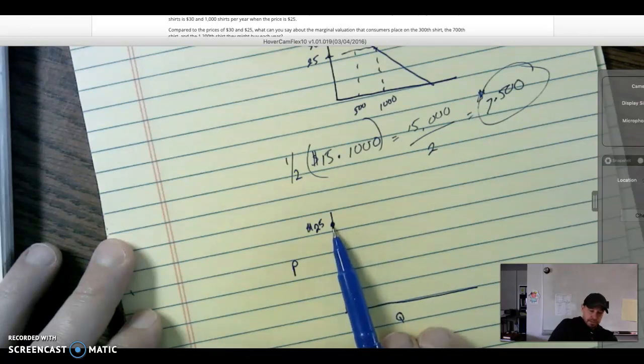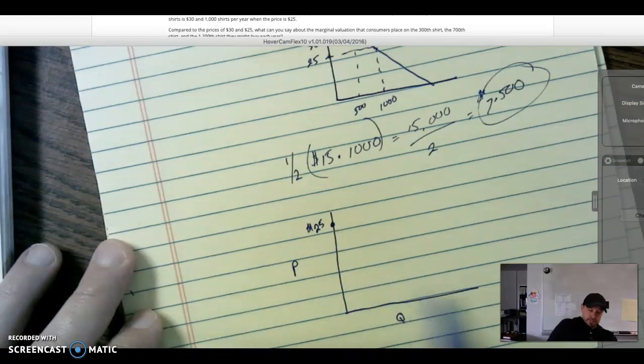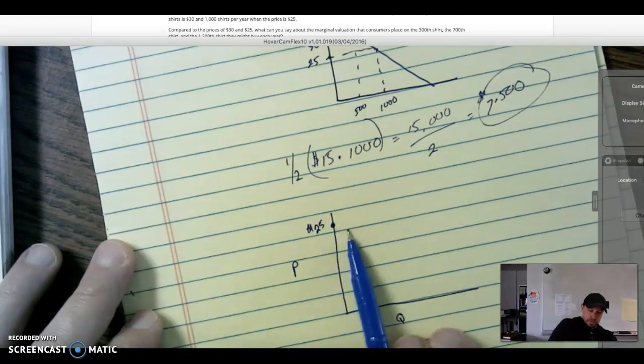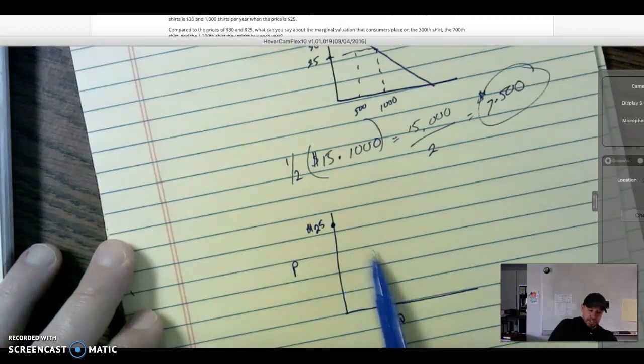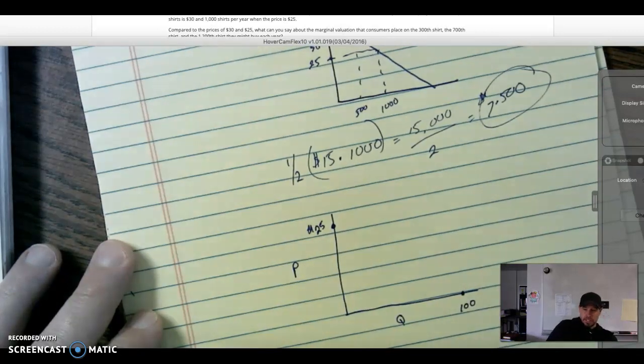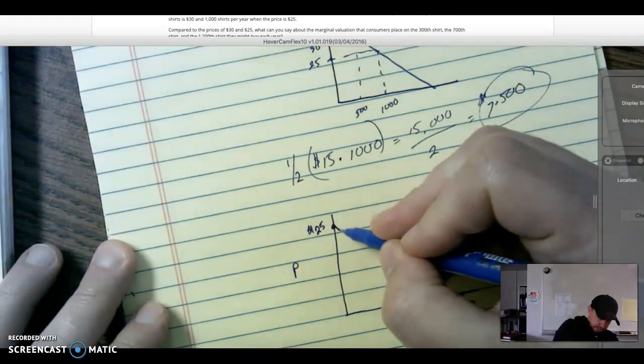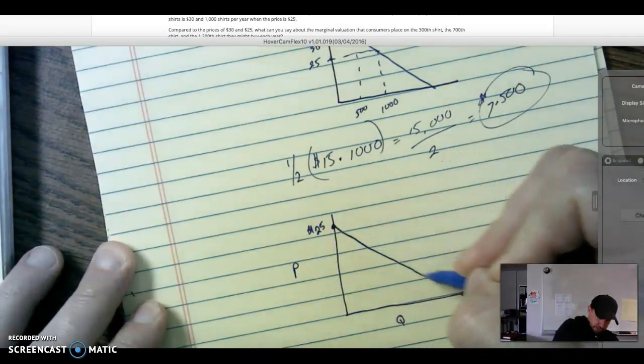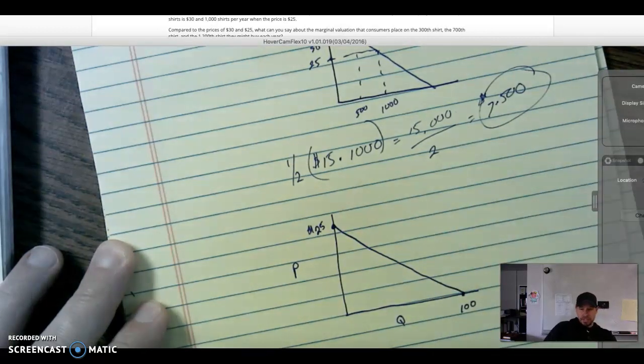So if I'm going to drop by $25, the end of my curve, 1 over 4, 1 over 4, 1 over 4, if I do that 25 times 4, it's going to give me a quantity of 100. So if I draw that linear demand curve between those 2 points, that is going to be my demand curve for this problem.